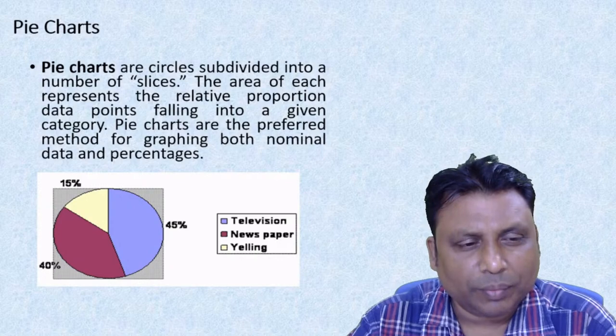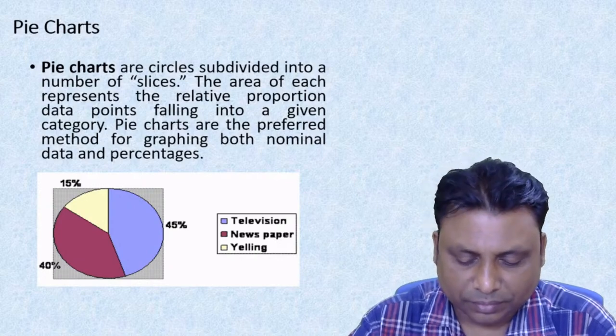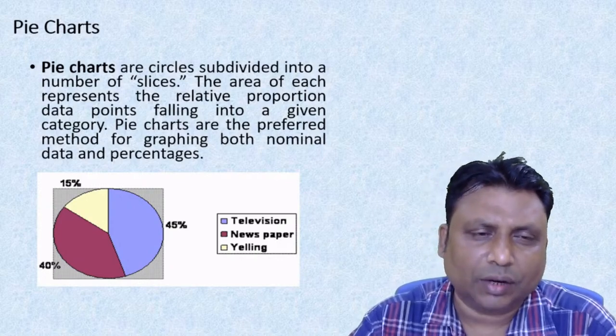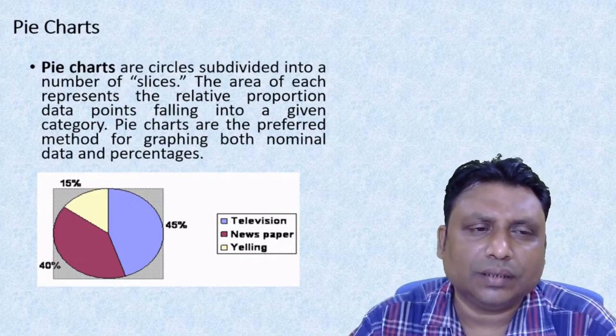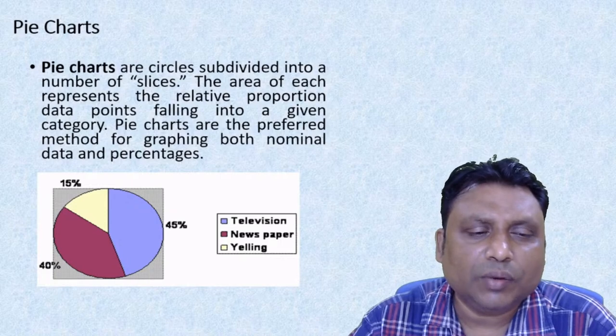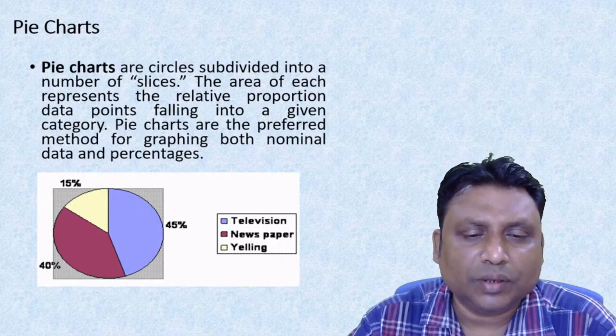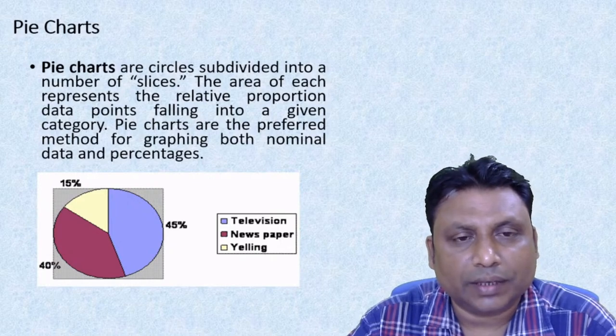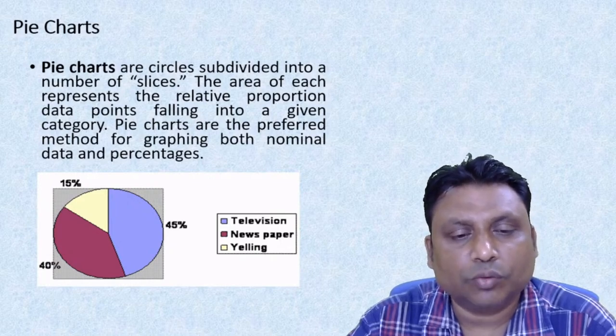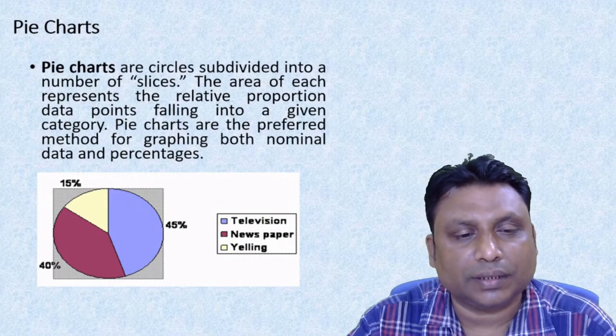Yes or no? So in your pie diagram, what happens? Generally, in a pie diagram we are calculating with percentages. How many percentages in which objects? Suppose here we are taking television, newspaper, and yelling. So three products are given, or three types of objects we are taking. So which one should be what percentage?